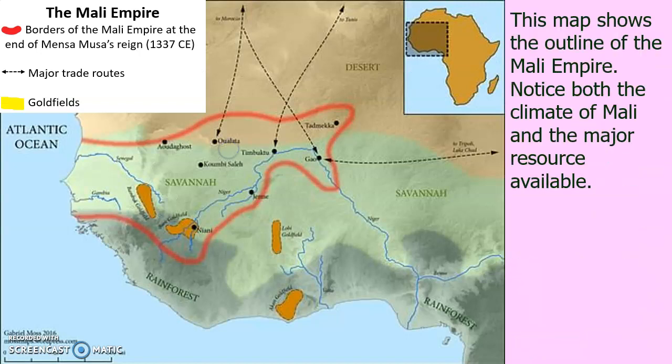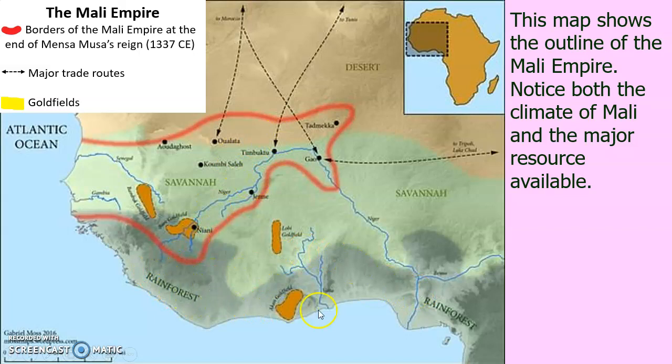And our last map. This map shows the outline of the Mali Empire. Notice both the climate of the Mali and the major resource available. So we've got 3 different climates here.